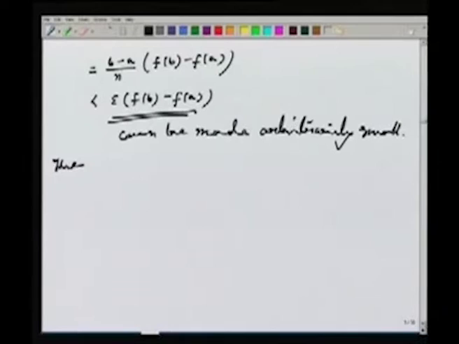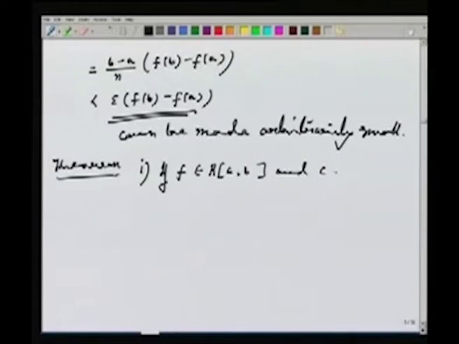So now we have seen that there are enough examples of functions which are Riemann integrable. Next, we need some elementary properties of Riemann integration. So that I will put as a theorem. First one is, if f belongs to R[a,b] and c is a real number, then look at the new function cf, the scalar multiple of f, that also belongs to R[a,b].